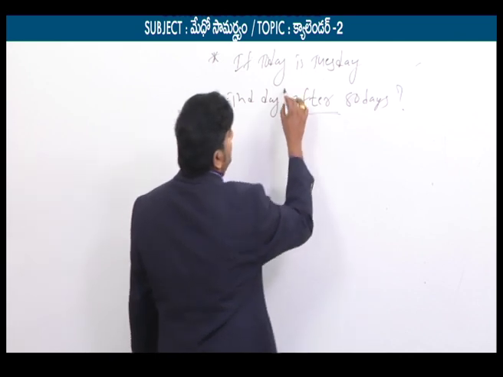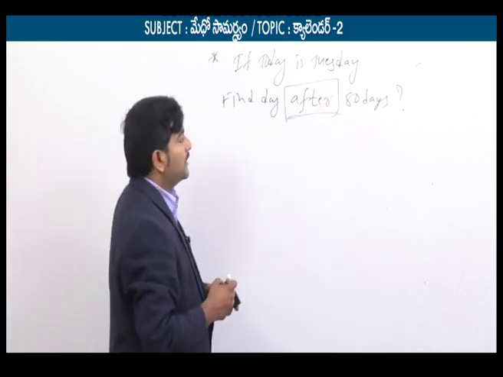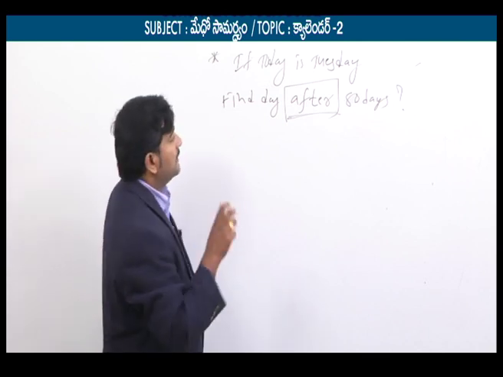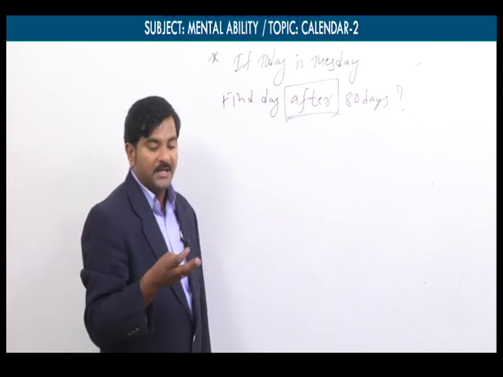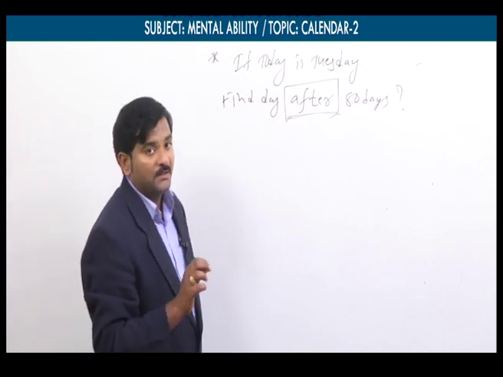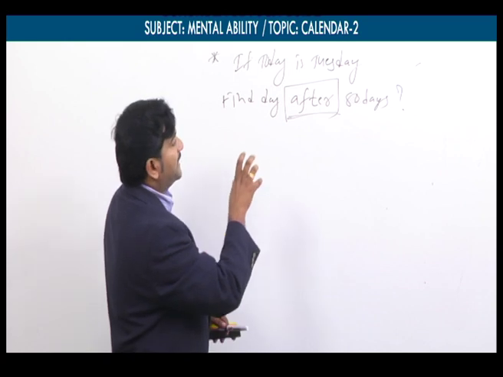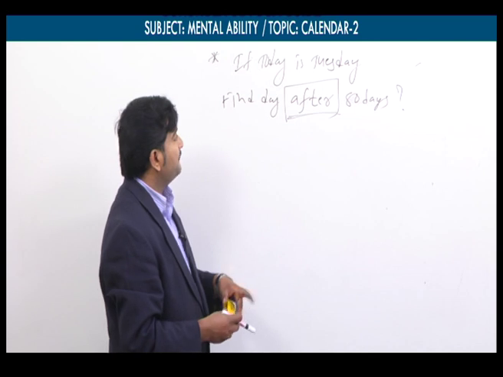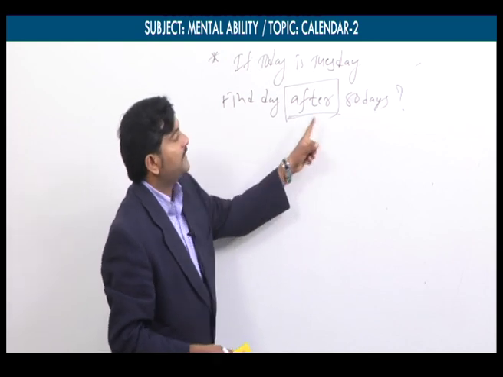So just focus on the word "after", because in this model there are 3 types of questions we are going to look at. First one is the after model, second one is the ago model, third one is the on-the-day model. Let's discuss by taking one question. If today is Tuesday, find the day after 80 days.